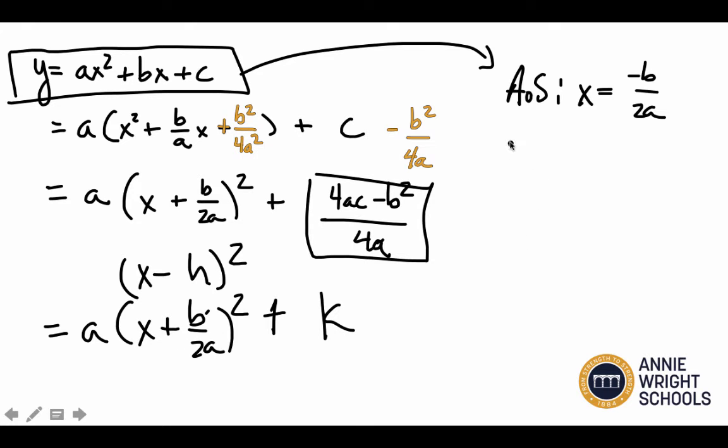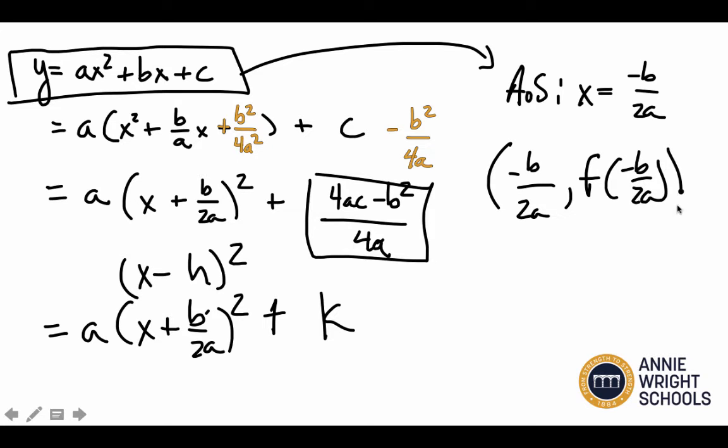That also means the x-coordinate of the vertex is negative b over 2a. And the y-coordinate, you just find by plugging negative b over 2a into the general quadratic function. And the y-intercept, another interesting point for quadratics, is c, because if you just plug in 0 for x, you get c.